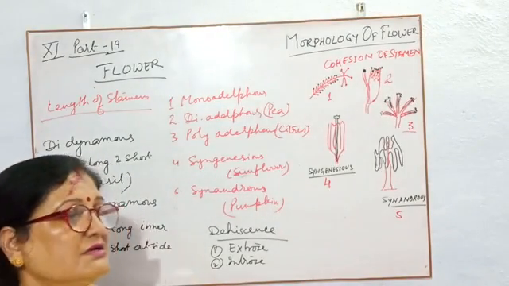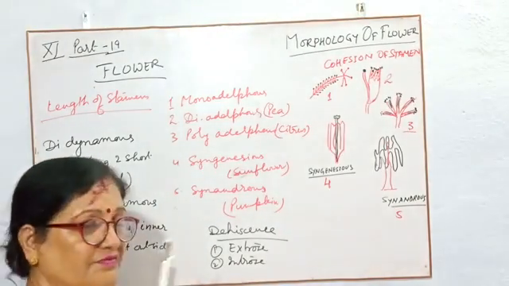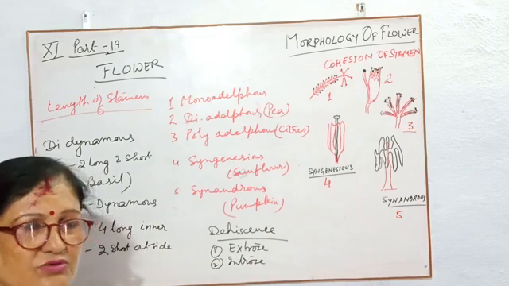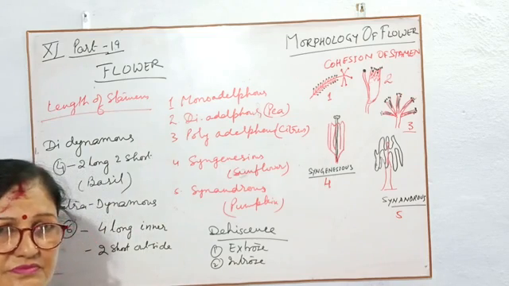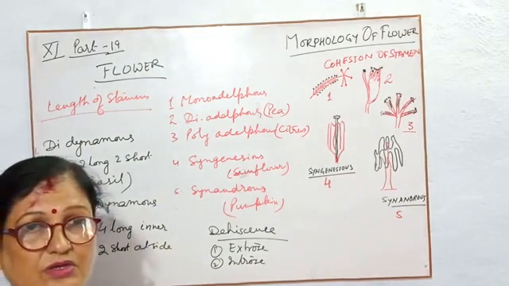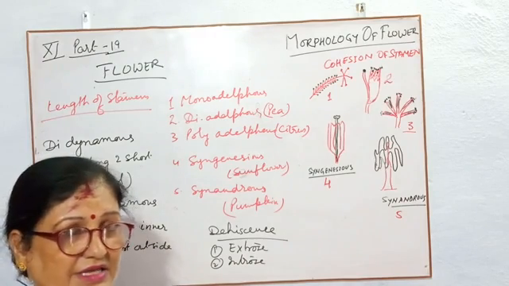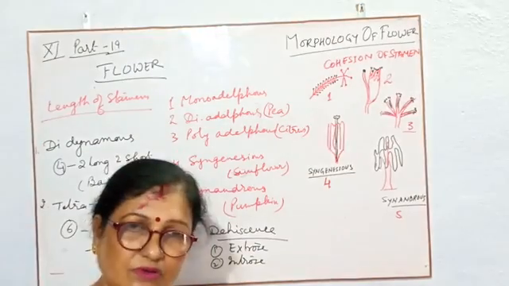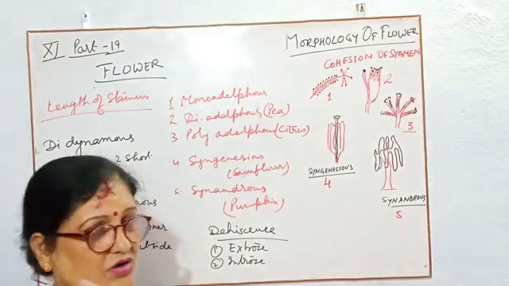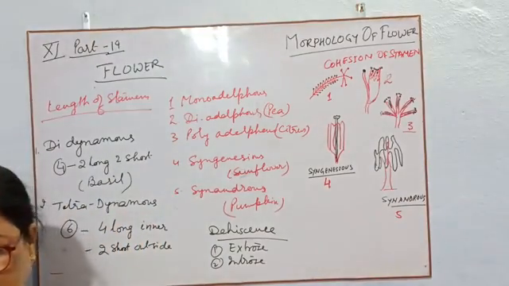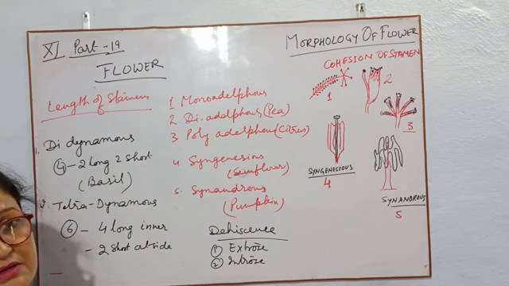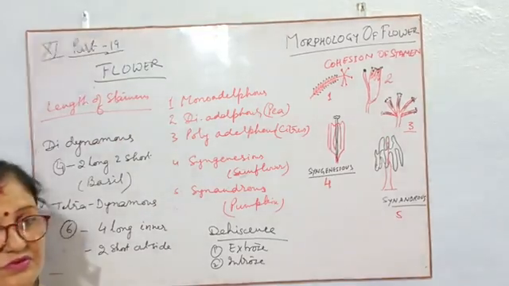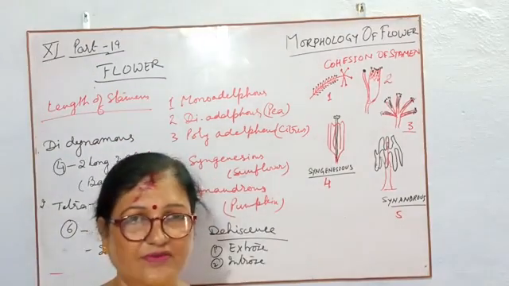These introrse stamens are present mostly in those with self-pollination or those in aquatic areas, because whether they burst outside or inside, the pollen will be carried by the water. So that's why they have introrse anthers in that flower.